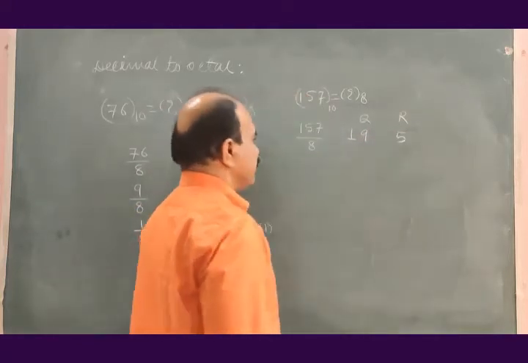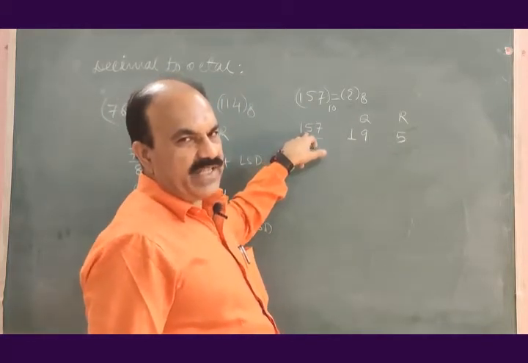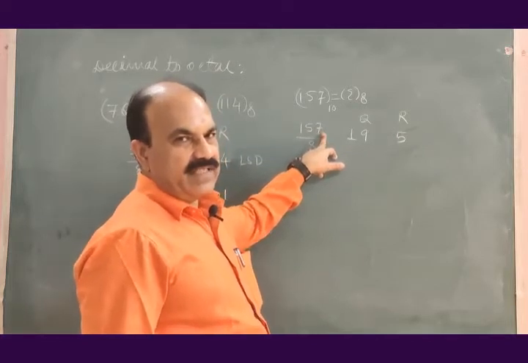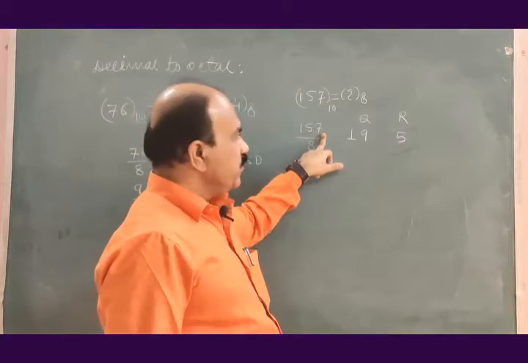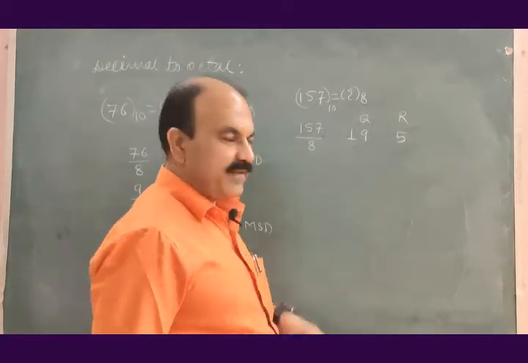Remainder is 5. 8 ones are 8. 15 minus 8, 7. 7 is taken, 77. 8 nines are 72. 77 minus 72, 5. Quotient 19, remainder 5.